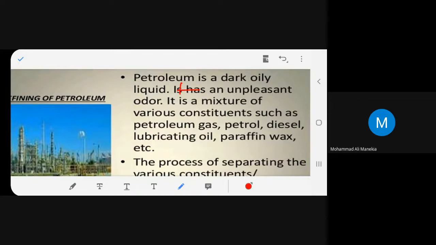Again, beta, you have to stop when there is a full stop. Why don't you understand? I said twice, I think so. If you understand, then follow it. It has an unpleasant odor.